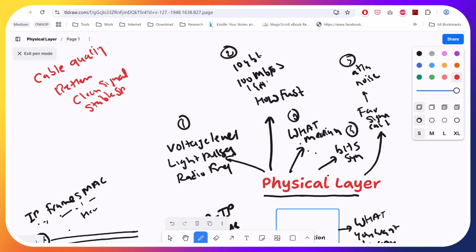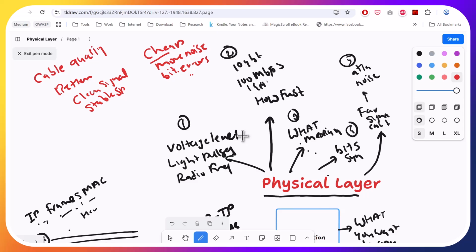But if you use a cheap cable, then you will have more noise, more bit errors, and more frames may get dropped. All these are problems you can face if cheap cables are used.